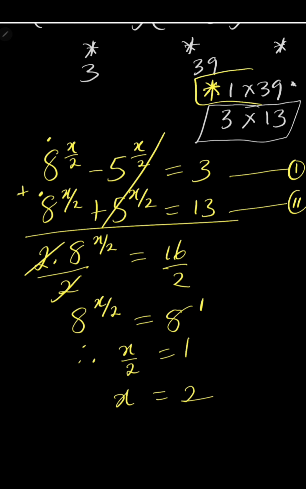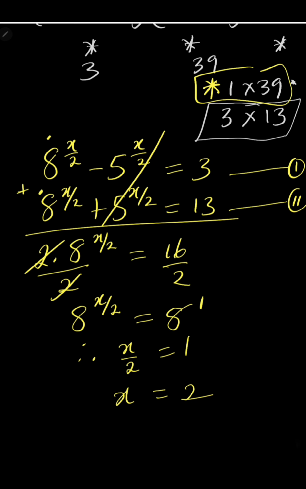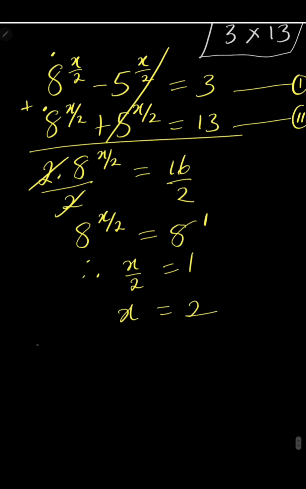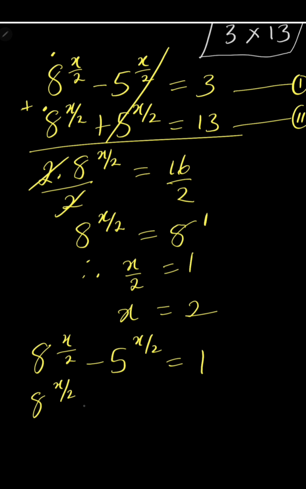Let us test the second one and see what will happen. So if you have 8 power x over 2 minus 5 power x over 2 equal to 1, and then 8 power x over 2 plus 5 power x over 2 is equal to 39.